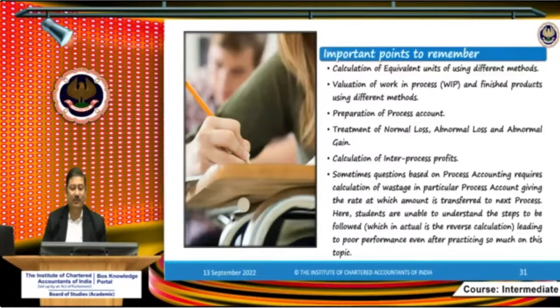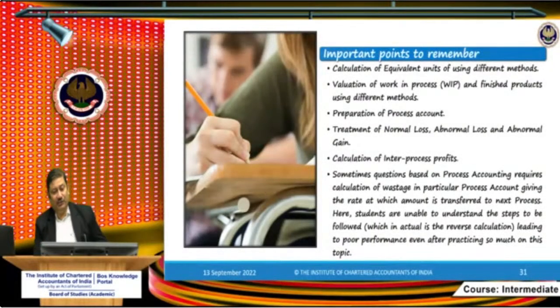How the calculation of equivalent units can be done at different places under LIFO and under FIFO, mind you, and weighted average. In case of FIFO, the item will be first in and first out, so accordingly the equivalent production unit needs to be calculated. In case of LIFO, it will be last in first out, so accordingly you need to make the calculation adjustment.